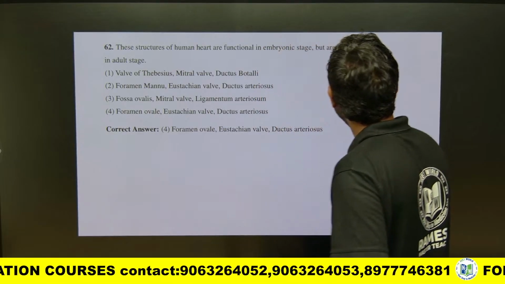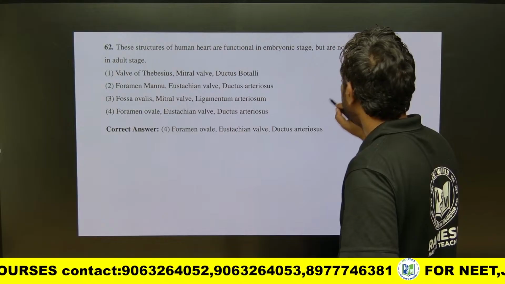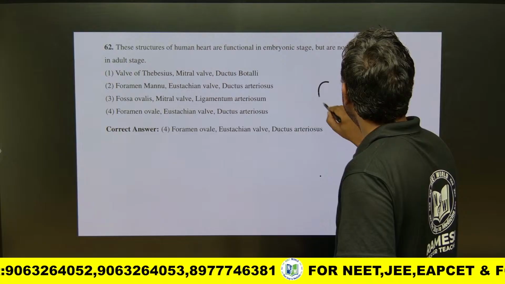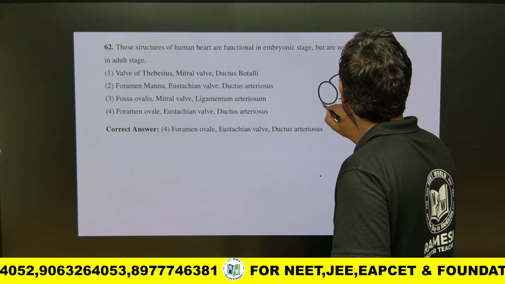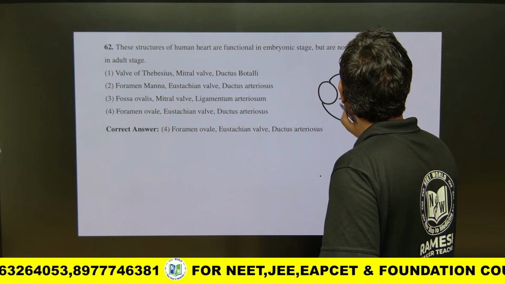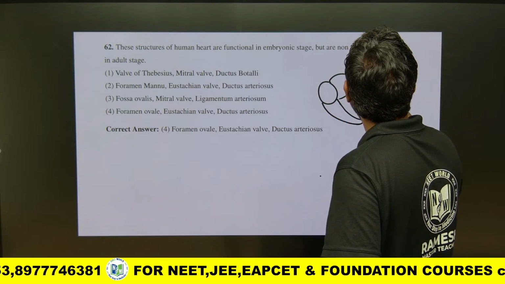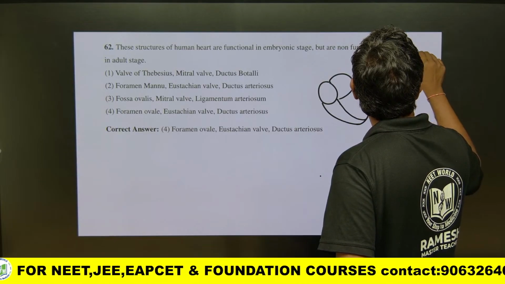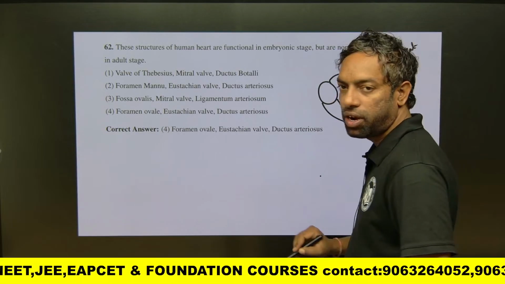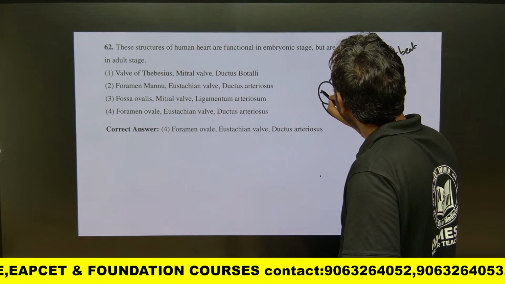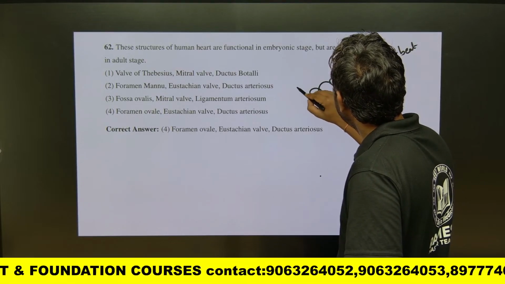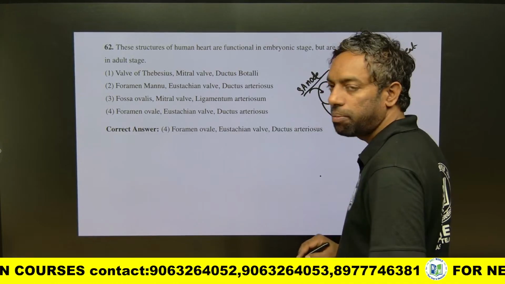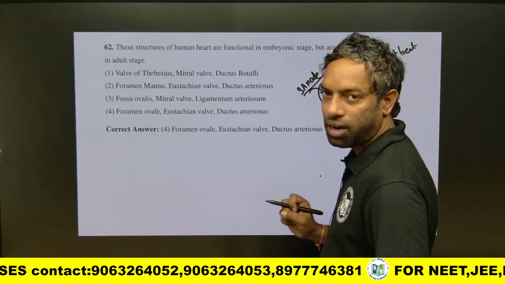Guys, just look into this. In the embryonic stage, the heartbeat started on the 21st day of embryonic development, where the SA node stimulates nerve impulses to give the signal to the heart muscles.